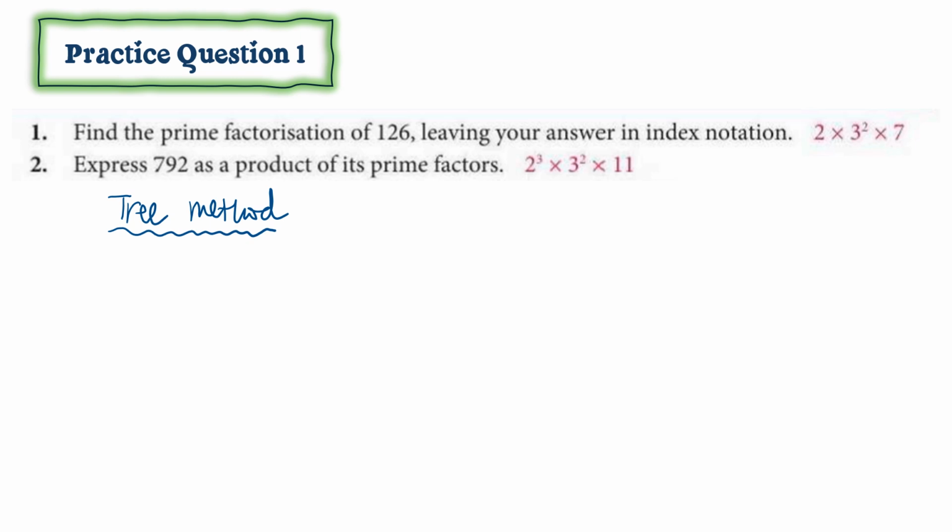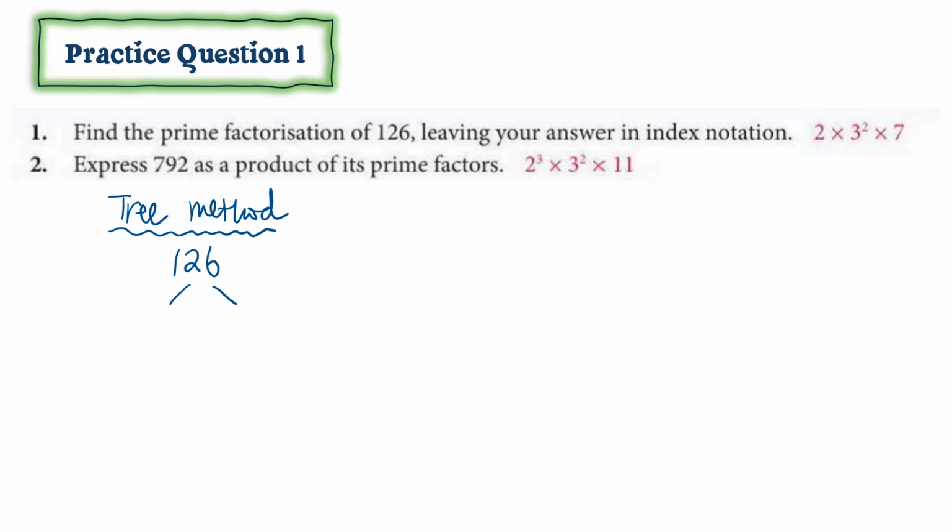Basically, you start off with 126, and then you find the smallest possible prime factor, which in this case is 2. So 126 is equal to 2 times 63. It's a tree method, so it branches out. You start off with 2 branches first.